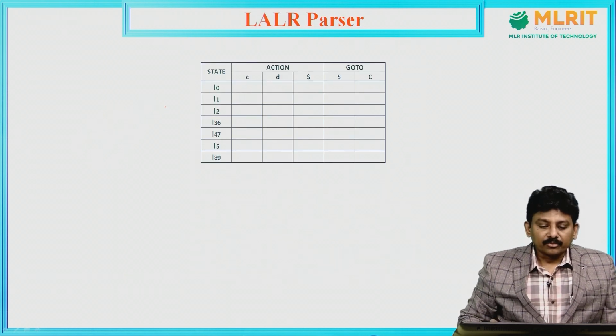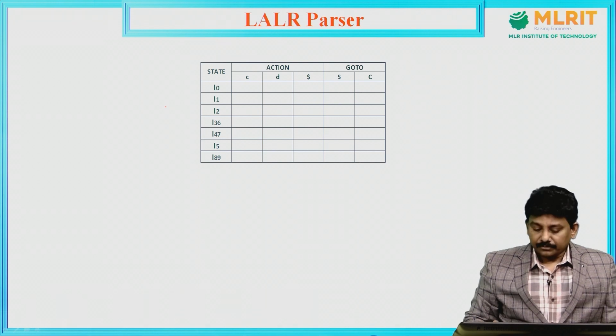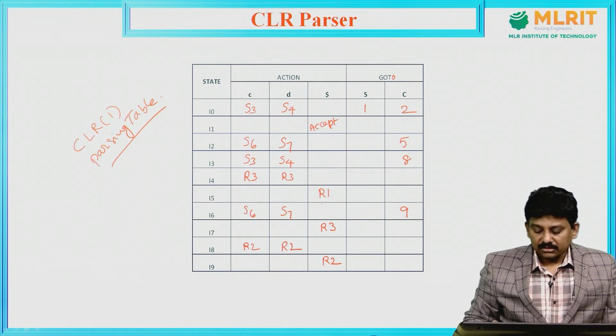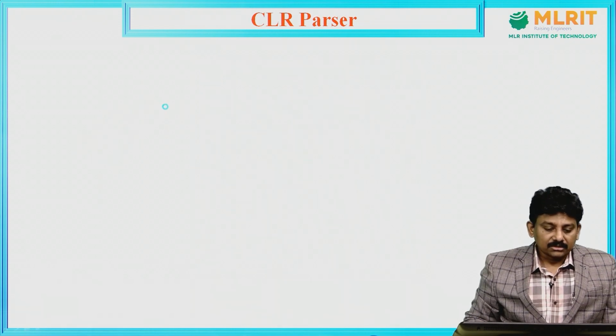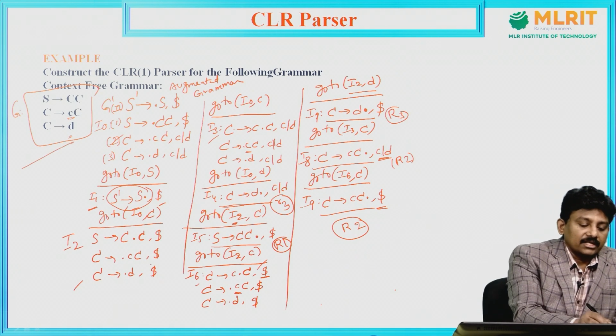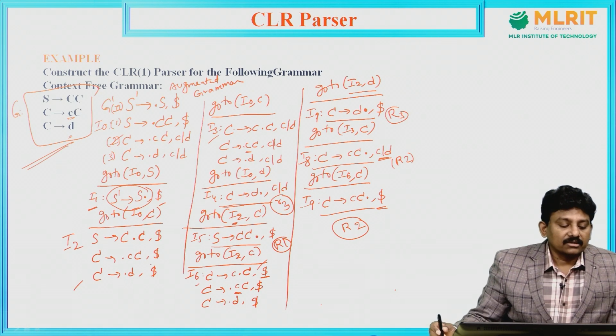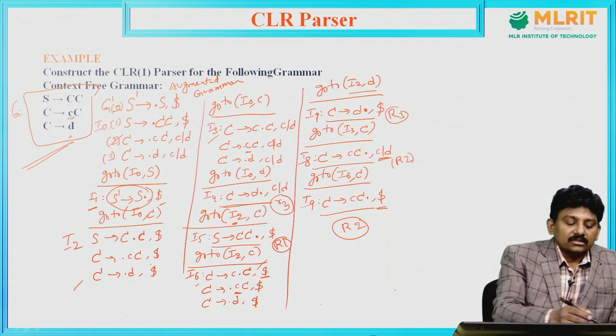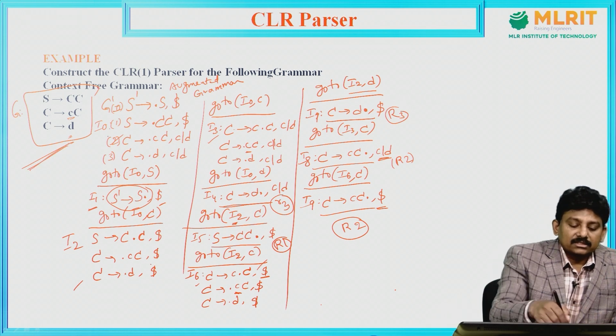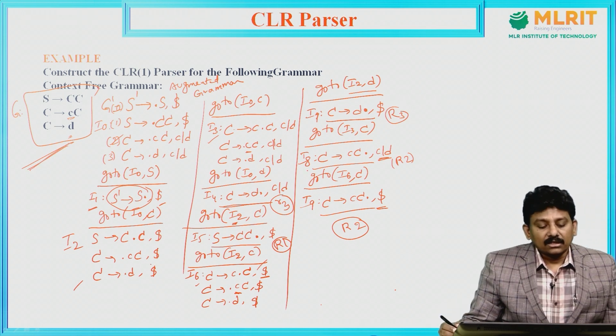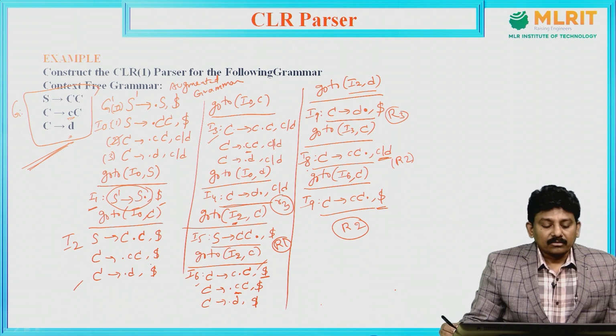Next, the LALR parser. Here the LALR parser also uses LR1 items. So, we will consider the same grammar, S derives CC, C derives CC, C derives D. For this grammar the same LR1 items will be found, but in LALR we can merge the states with the same production rules.